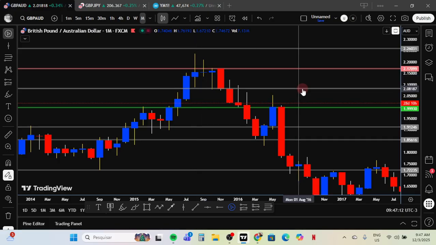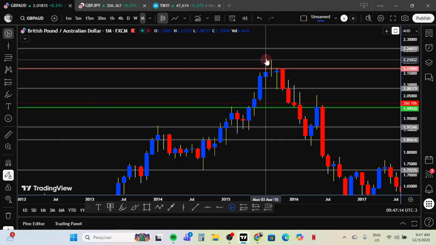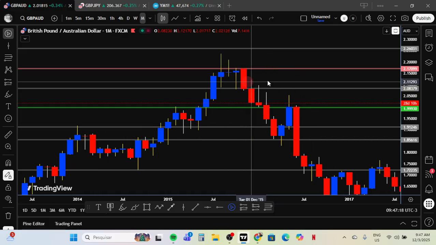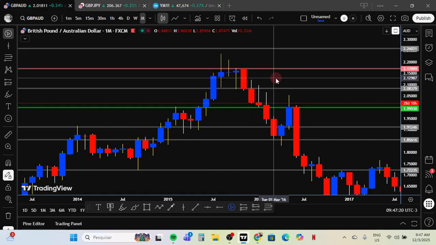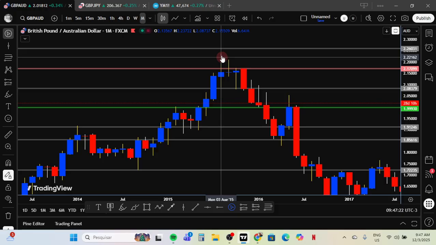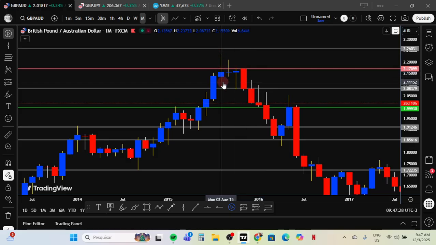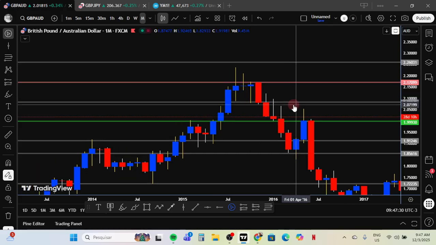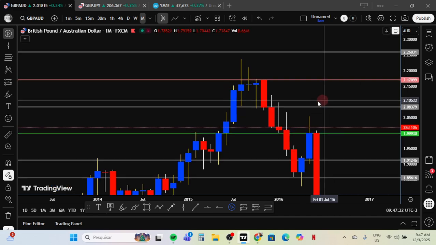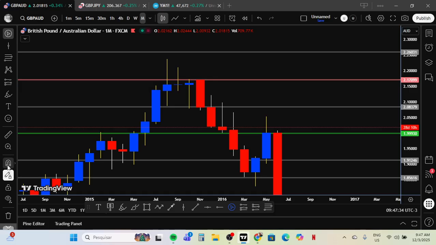What does that mean? At this point in time, it simply means that the market does not have a clear direction. With this candlestick pattern that formed on the monthly time frame, there was no clear direction from the bulls or the buyers. All right. Although, if we take a look at that high wave candle, we still have bearish pressure.